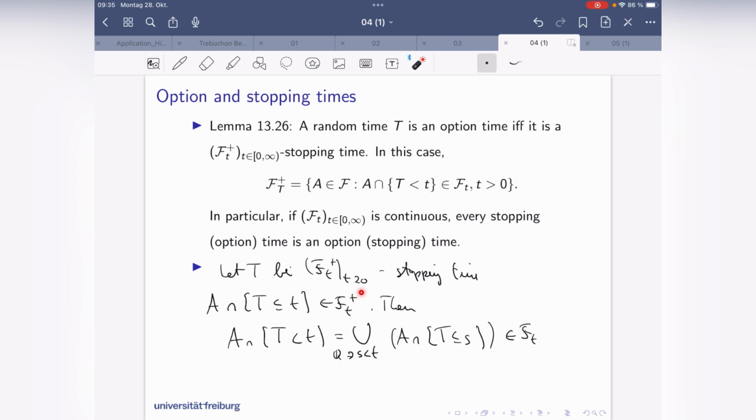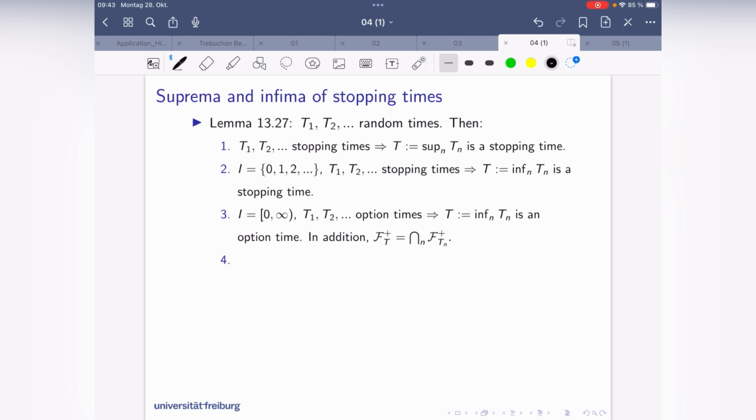If I have an A which satisfies this here, I'm in F big T plus, and I've shown that I have this property, and it also goes the other way around. And the other thing which I'm not showing here is that every Ft optional time is an Ft plus stopping time. That just follows the other direction, but you can read it in the manuscript.